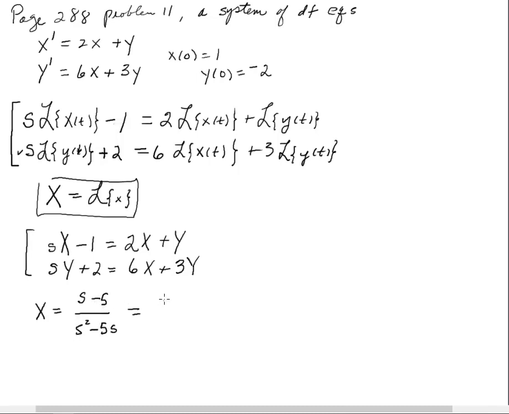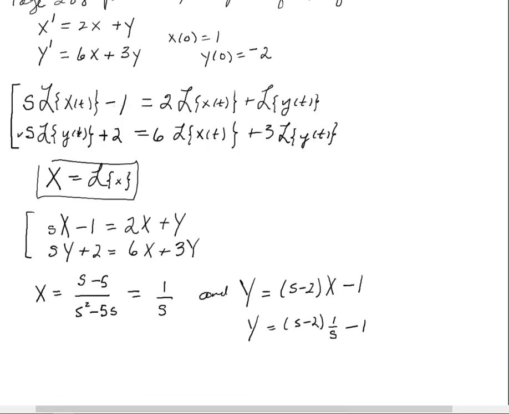The s minus 5's cancel, and it's 1 over s. And Y will be equal to s minus 2 times X minus 1, or Y would be equal to s minus 2 times... Now we've solved for X already, and we see that X is equal to 1 over s. So this would be 1 over s minus 1.